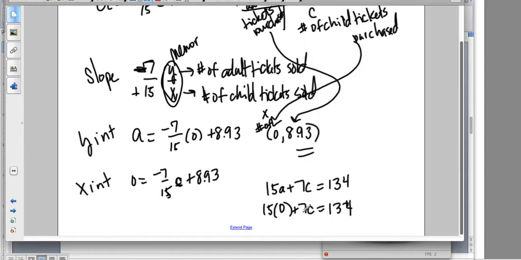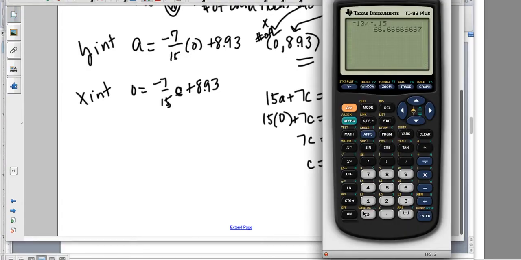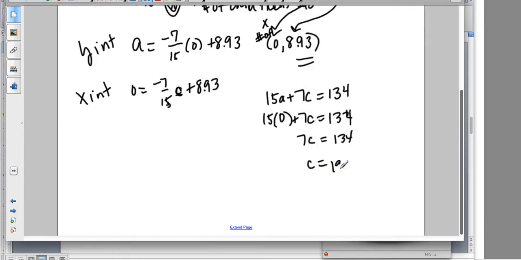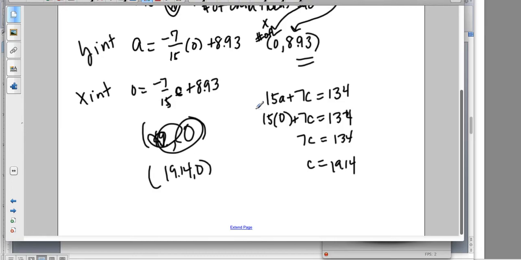It works the same. But on this one, all you have to do is divide 134 by 7. And 134 divided by 7 is 19.14. So that means you put 0 in for the Y value, or the A, and you got (19.14, 0). The physical interpretation: 19.14 is your X, which is your child. So if you purchase 19.14 child tickets, you can purchase 0 adult tickets and still spend $134.